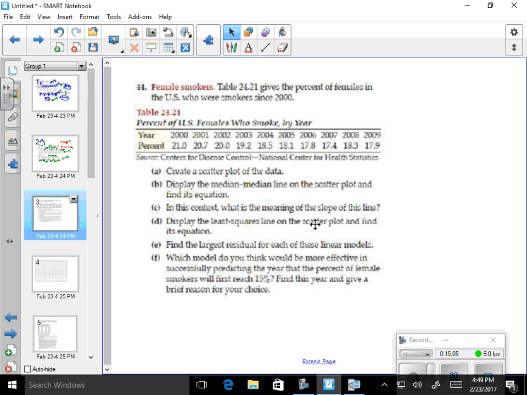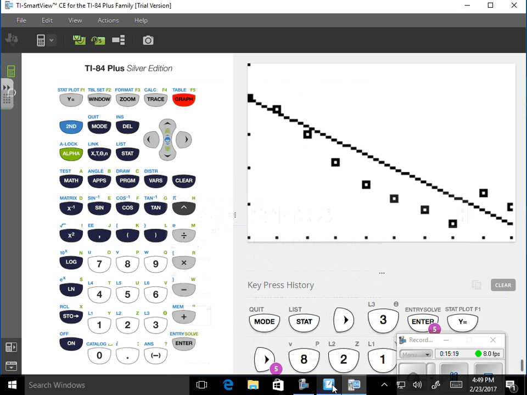What is the meaning of the slope in this line? Well, the slope is the decrease in the percent of females who smoke over the course of the number of years.